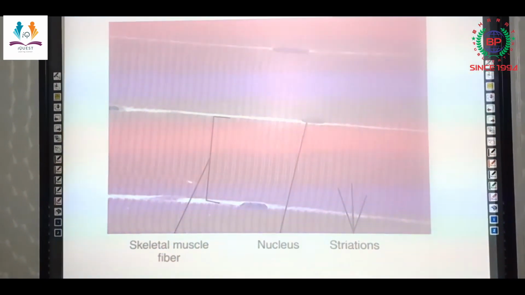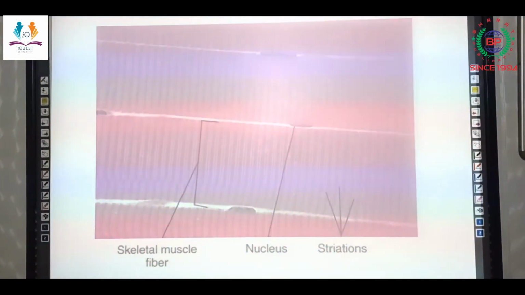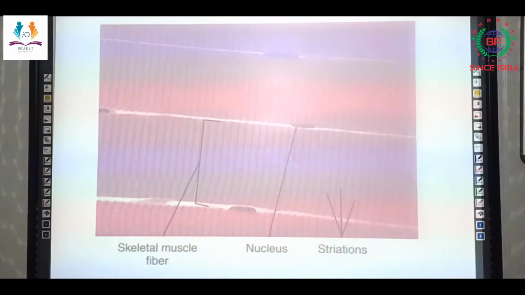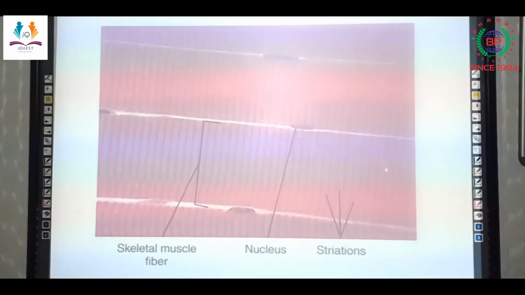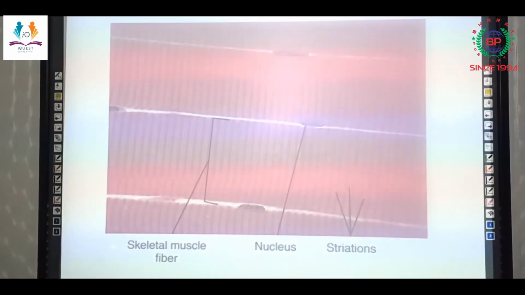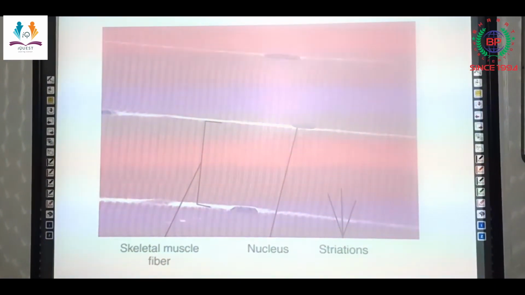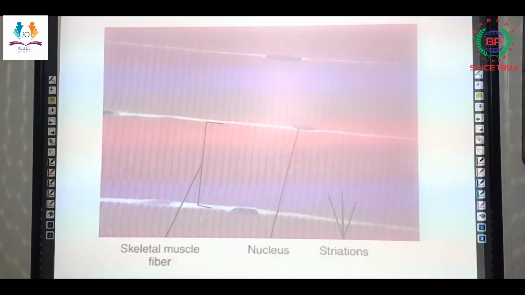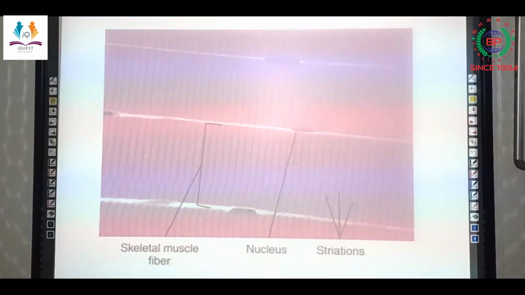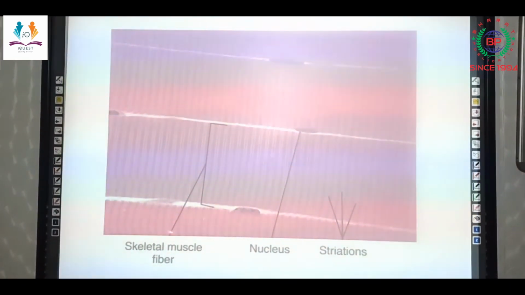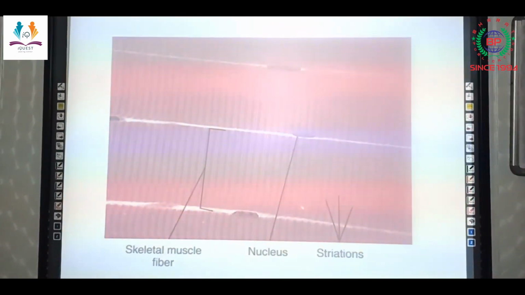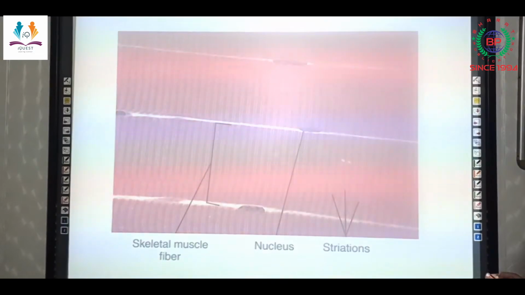These muscle fibers help us to move. You move, you show locomotion. Every animal shows locomotion. That is due to this type of muscle fiber, the skeletal muscle fibers, because these muscle fibers remain attached with our skeletal system. Skeletal system means bones. It remains attached with the skeletal system and helps us to show locomotion.